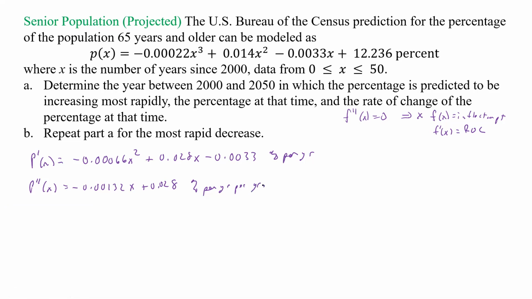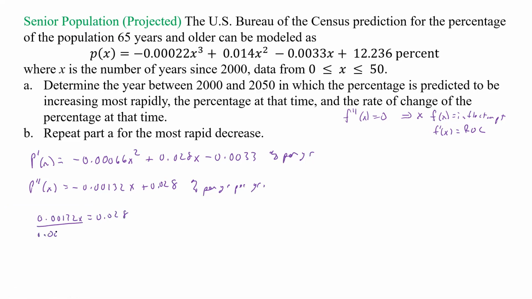All right. And so what we need to do now is solve this for x. Well, this is only going to give us 1x, and that's a key item here. So if we set that equal to 0, we get 0.00132x equals 0.028.